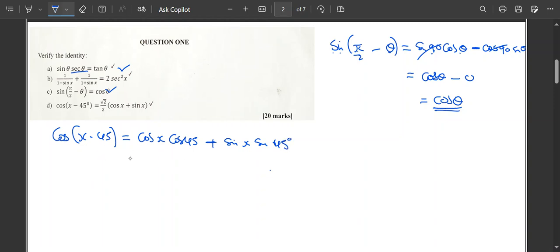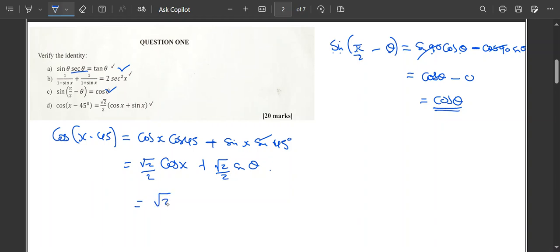degrees. So from there, what we are going to do is say cos 45 is root 2 over 2, and sine 45 is also root 2 over 2. So I'll write cos x, then plus root 2 over 2 sine x.